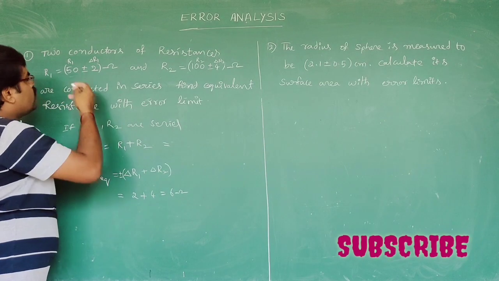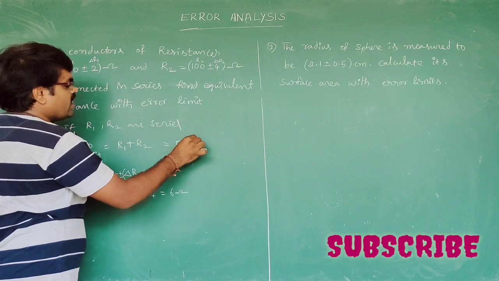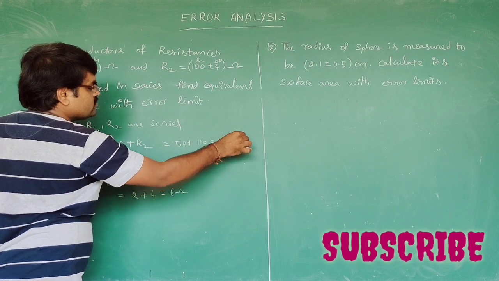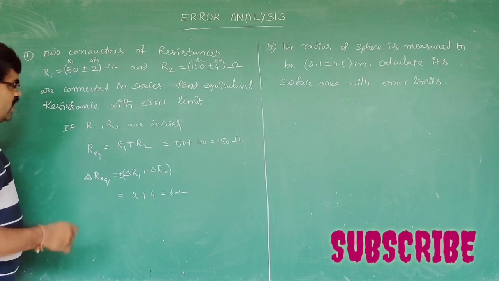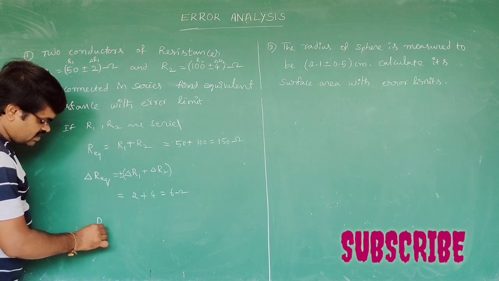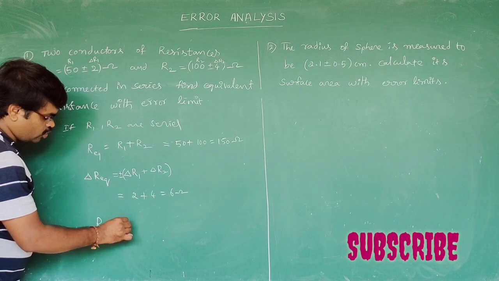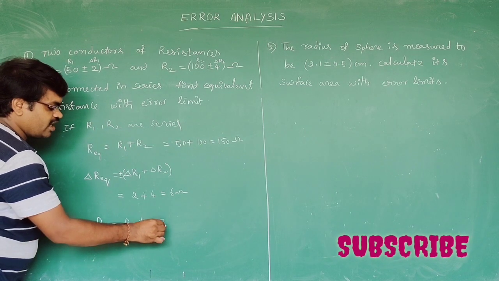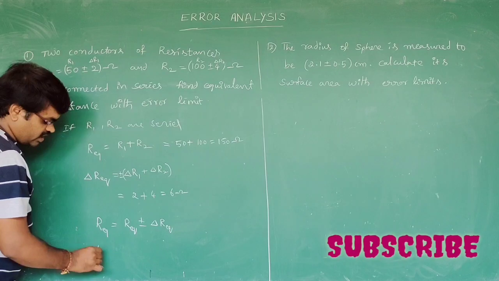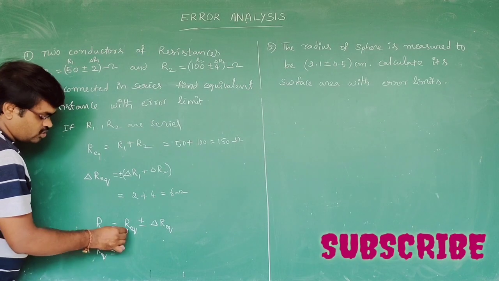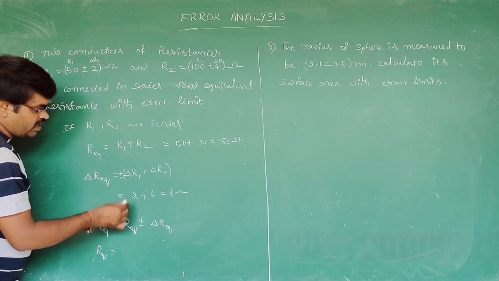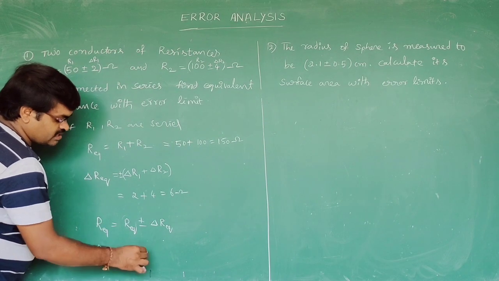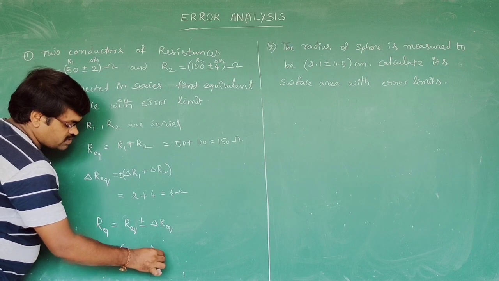Now R1 is 50 plus R2 is 100, that is 150. Then the equivalent resistance with the error limit is R_eq = R_eq ± delta R_eq, that is 150 ± 6 ohms.